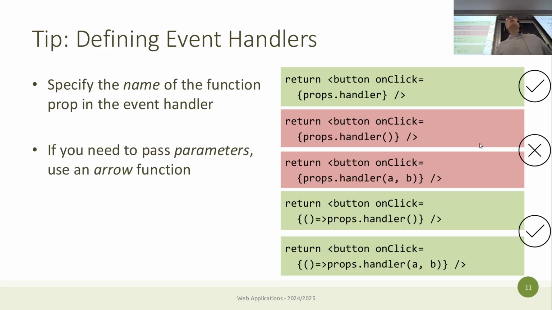If you need to pass parameters to this function that is handling events, what can you do? Well, you just define a function, for instance, with the arrow function syntax, and do whatever you like. You want to pass 2 parameters, or you want to call the function in some ways, no problem.